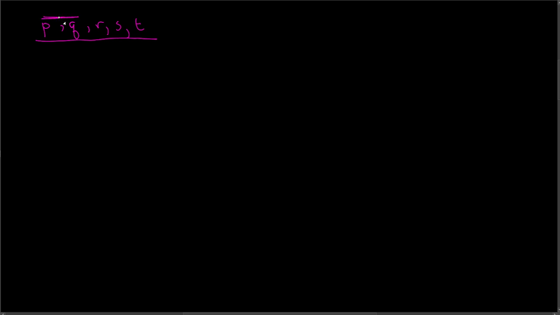Mainly P and Q get used a lot because logical operators tend to start with two premises. And these variables can either be true or false.